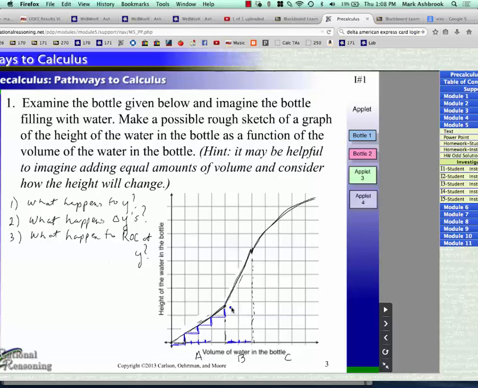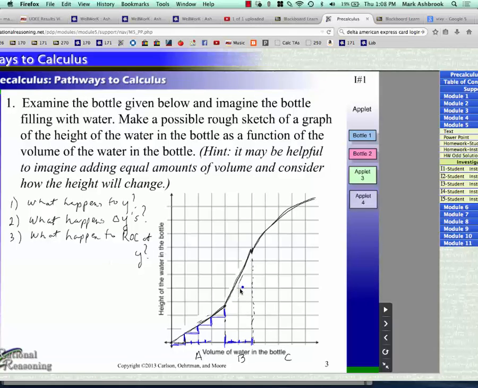Okay, so part B of the bottle. What's happening to the changes within the section of part B of the bottle? So let's see. Bill, what do you think? So in this part of the graph, starting here and ending here, what happens to the changes in y?